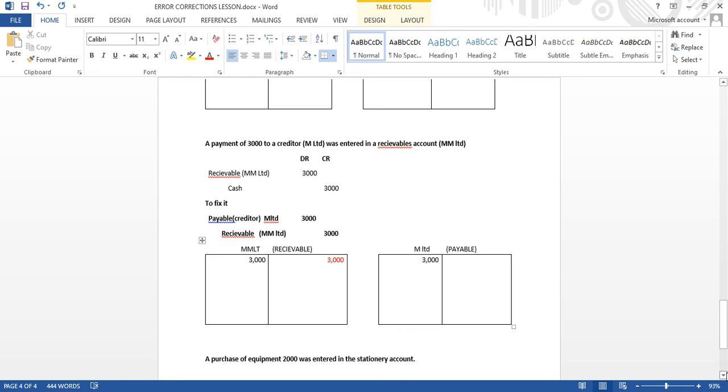Here's one. Purchase of equipment 2000 was entered in the stationery account.